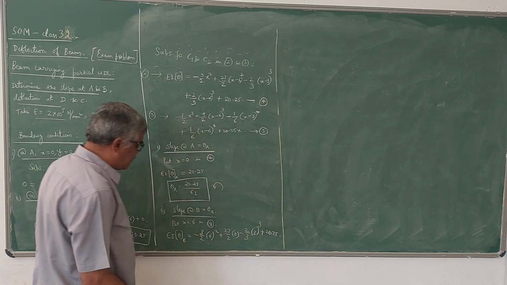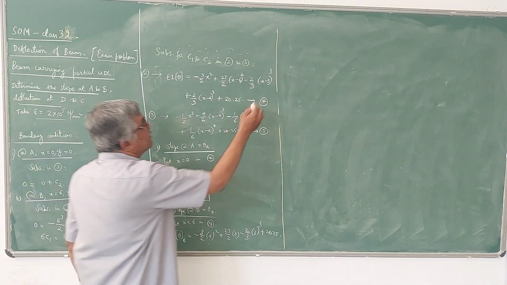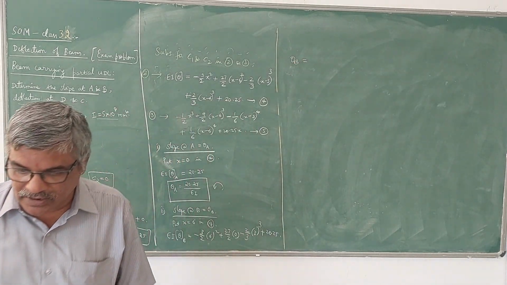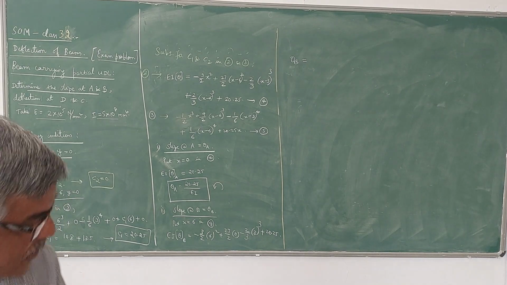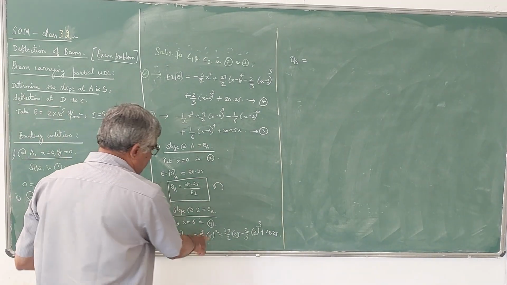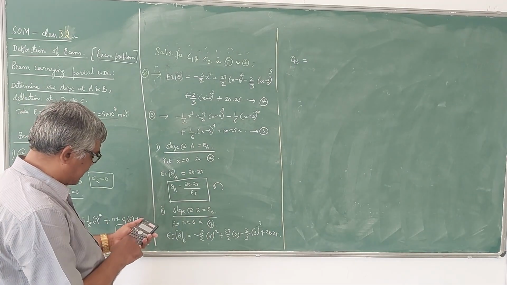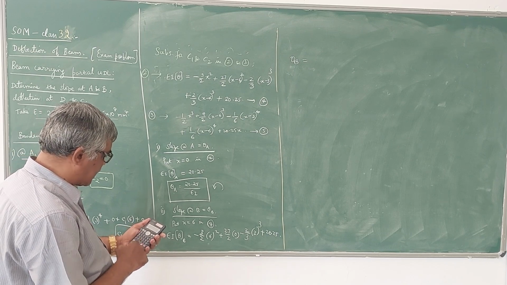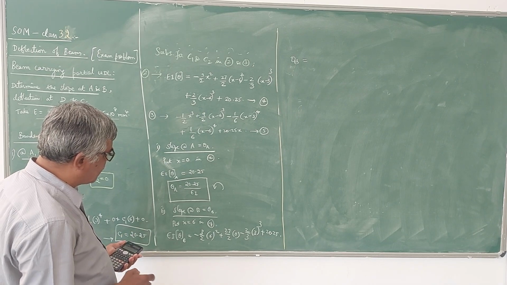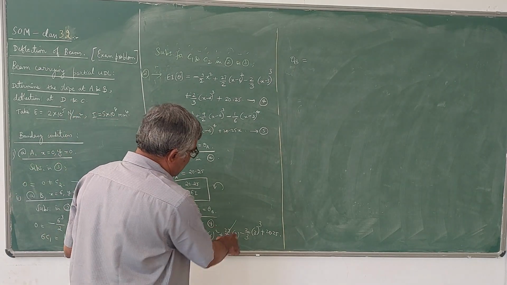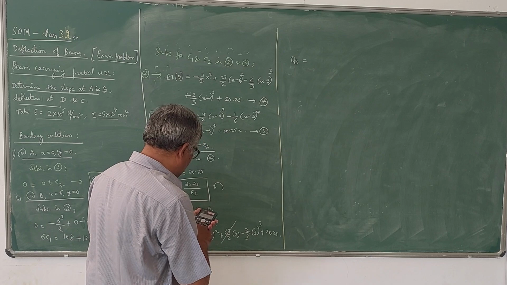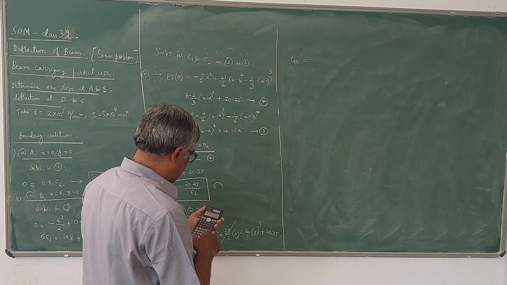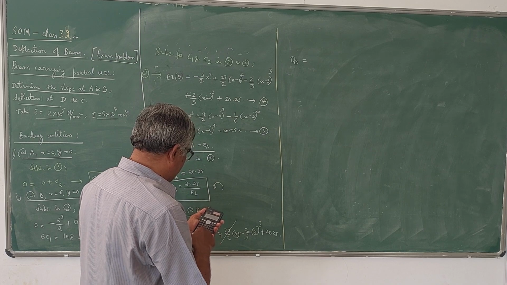So if you simplify this, you will get theta B. Let me simplify it. So theta B is equal to minus 3 by 2 into 36, that means minus 3 into 18, you can take, it becomes minus 54, of course this term becomes 0, here minus 2 into 9, so that is minus 18 plus 20.25.